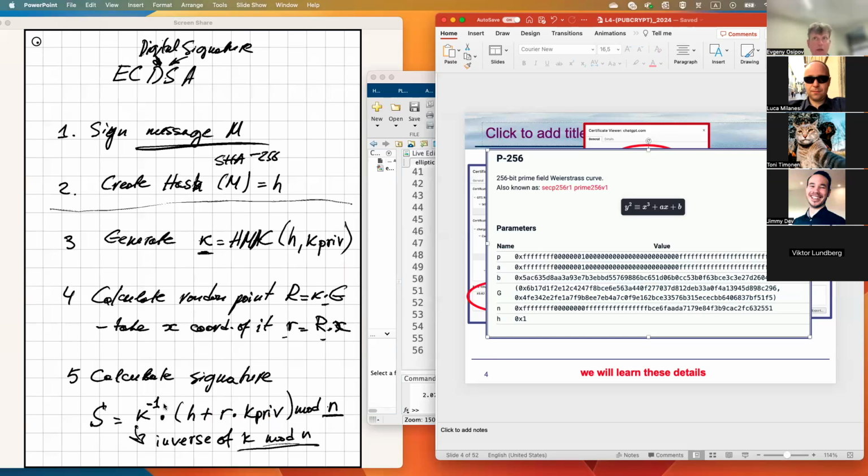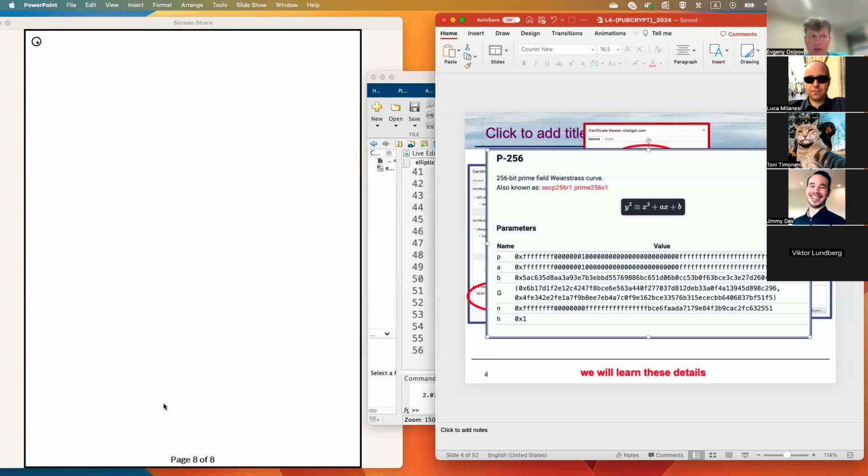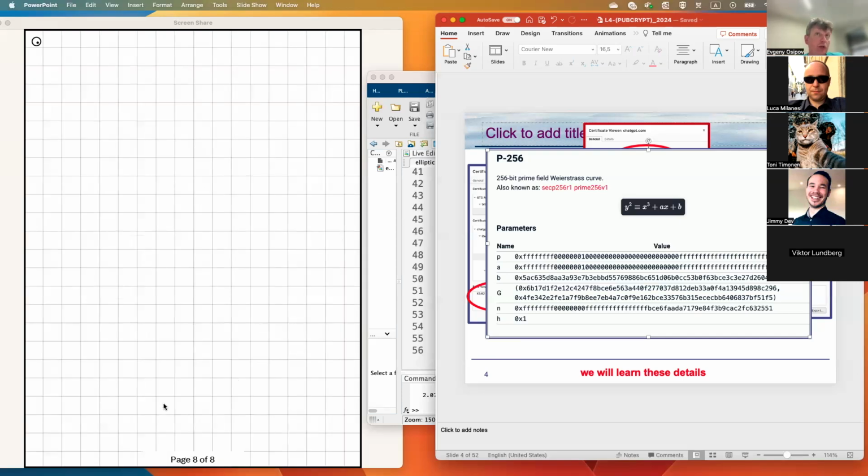Looking at my clock, I think we will end now. I will complement these notes with the verification part of the signature, so you can trace it at home.